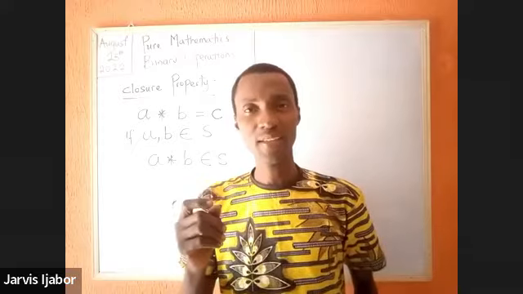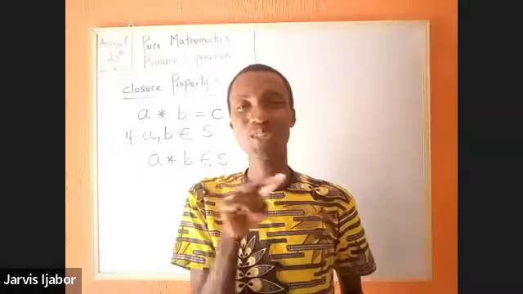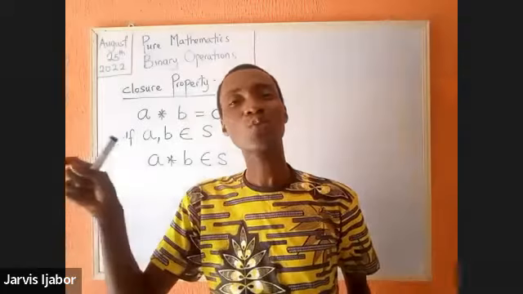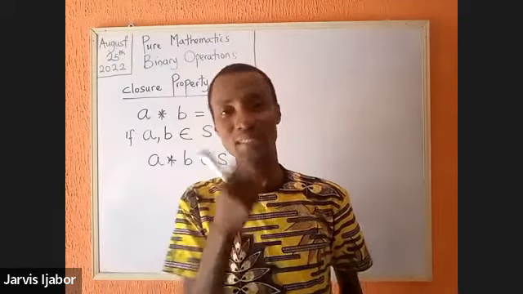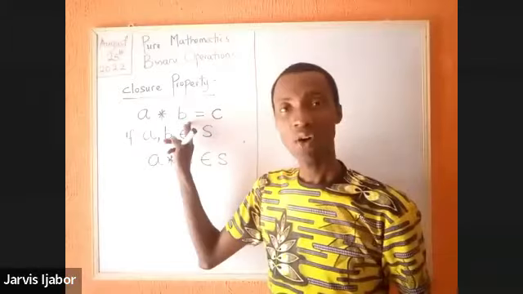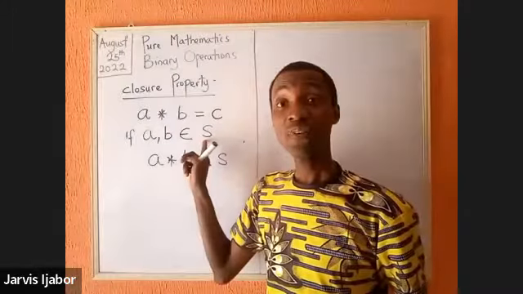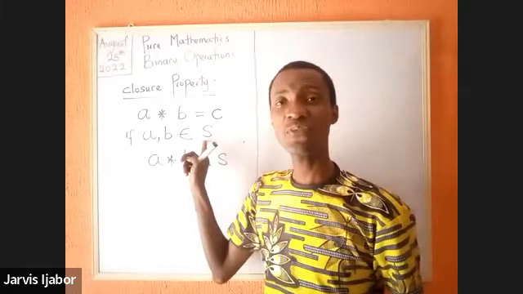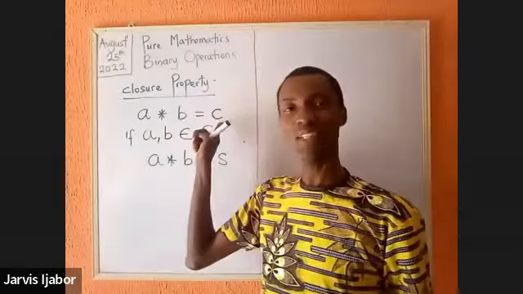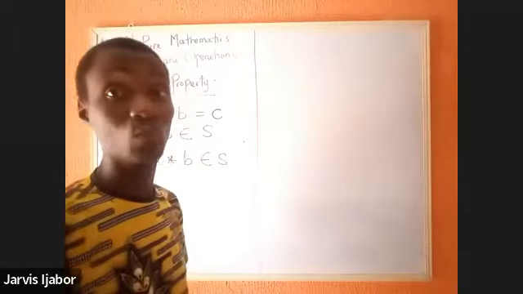Two elements A and B of a particular set S are said to be closed under the operator asterisk if the new element we obtain is also a member of that set. Now let's do that practically, because sometimes this is where it gets abstract.